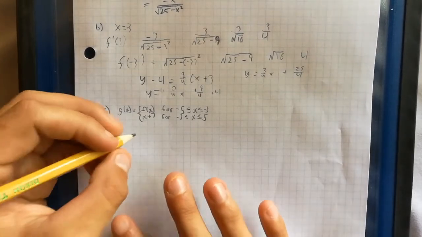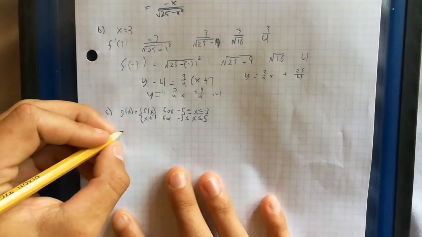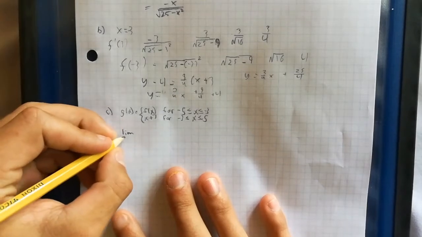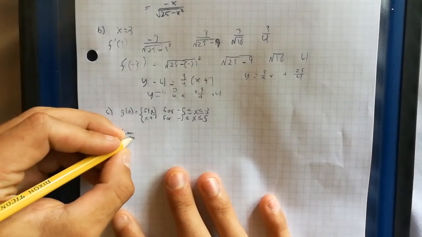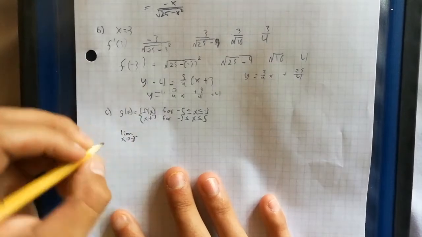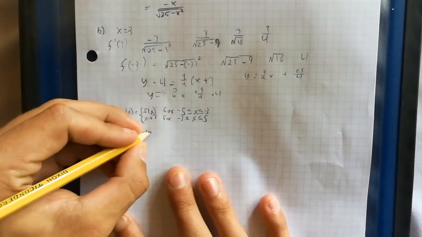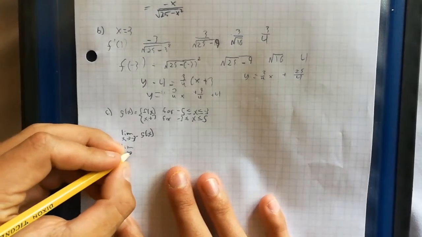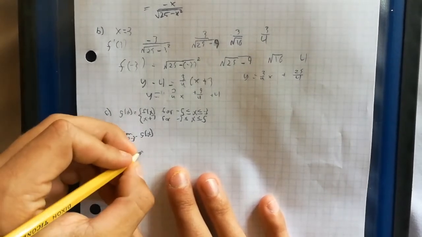For this part, we're going to use one-sided limits. We need to find the limit as x approaches -3 from the left of g of x, and the limit as x approaches -3 from the right of g of x.